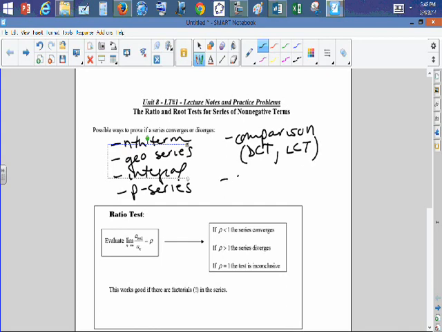We could also see if there's some pattern of our sums. And finally, we could perform the ratio test or the root test. These are actually much easier than the limit comparison tests.